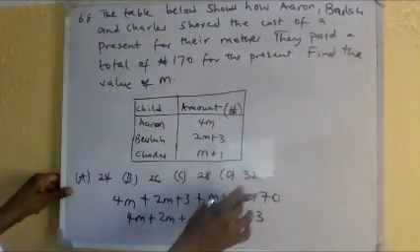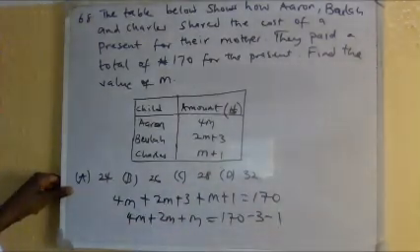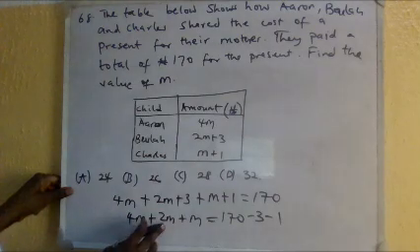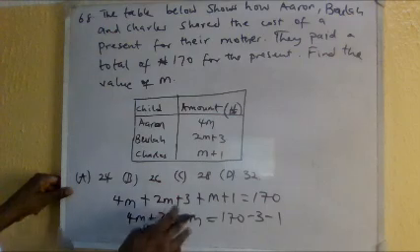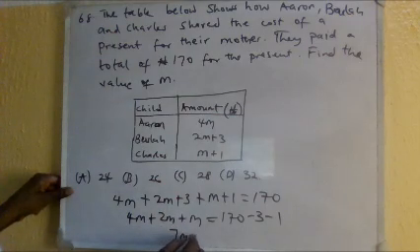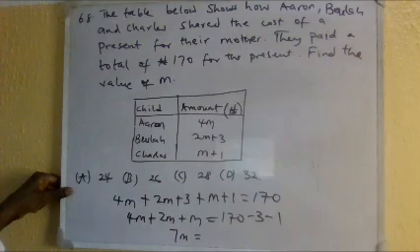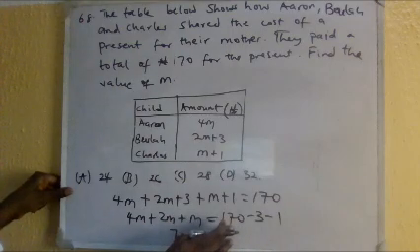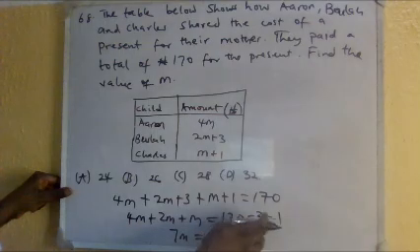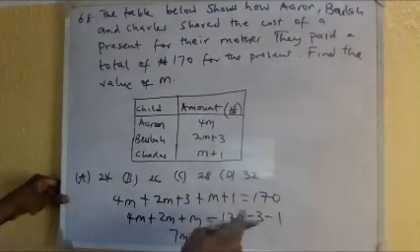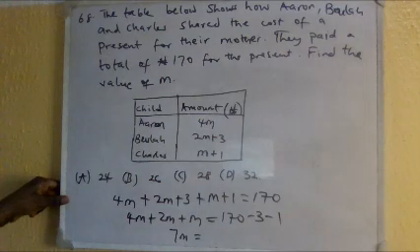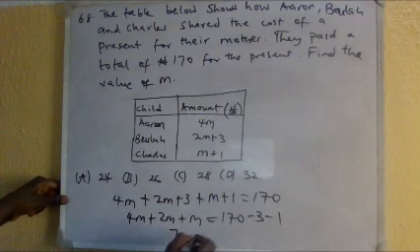So 4M plus 2M plus M is 4 plus 2 plus 1, which is 7. 7M here is equal to 170 minus 3 minus 1. So this is 170 minus 4, which is 166. So 7M is equal to 166.